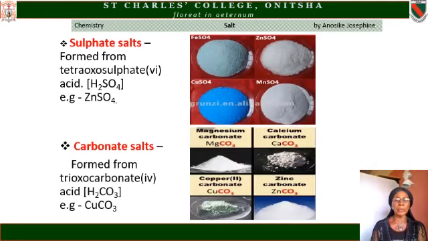The next group are the sulfates. Sulfates are formed from tetraoxosulfate acid, H2SO4. We have iron sulfate, zinc sulfate, manganese sulfate, copper 2 sulfate. They all belong to the same group because they have a common SO4 that makes them sulfate salts.